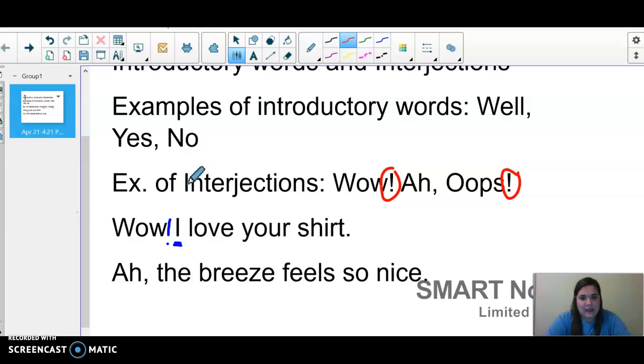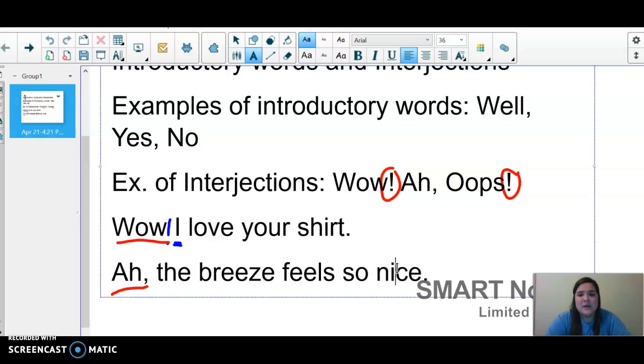So either case, both of these interjections are separated from the rest of their sentence with some sort of punctuation mark, whether that is a comma or whether that's an exclamation point. So interjections, that's the only real difference, is that they can end with a punctuation mark that would start a new sentence.